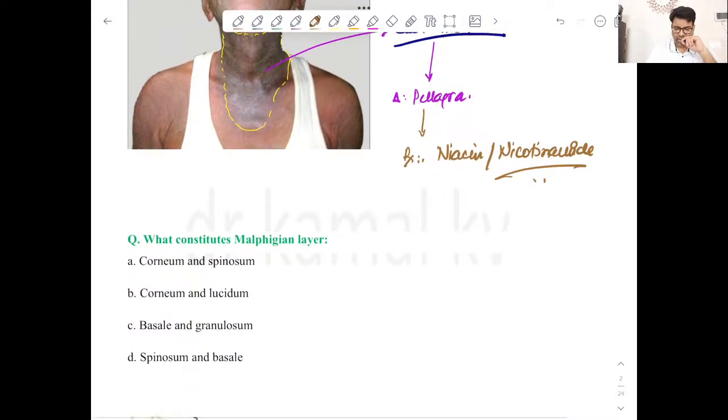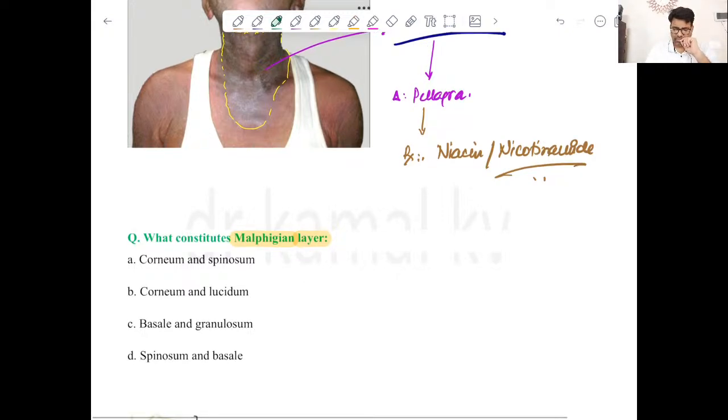Okay, the next question is slightly difficult, so I have given the options for this. What is this Malpighian layer when we discuss the anatomy of the epidermis? Yes, Mohammad Shanawaz, vitamin B3, very good, niacin. What is the Malpighian layer in terms of anatomy of the epidermis? Any idea? See, we have 5 layers in the skin of palm and sole, and in the remaining portions we have only 4 layers.